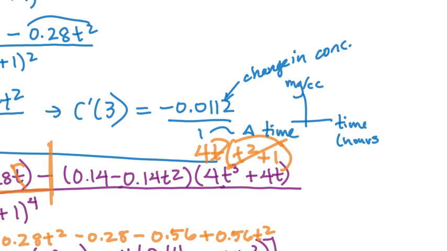So I would say that at the 3-hour mark, after getting the injection, the concentration in the patient's system is dropping by 0.112 milligrams per cubic centimeter per hour. That's what that's telling me.